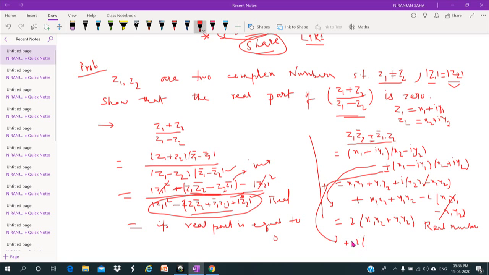There will be 2 iota times x2 y1 minus x1 y2.